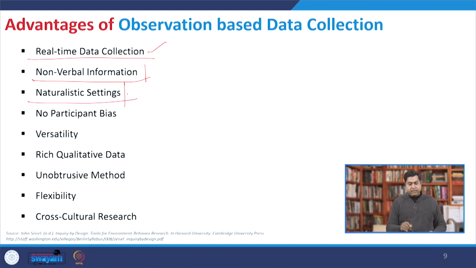Again it will be in a naturalistic setting, so it is not a very controlled or forced environment where you prompt something to be done and then observe. That kind of observation also exists, where you do it in a controlled environment, set up a certain experiment and observe how the subject reacts to that.